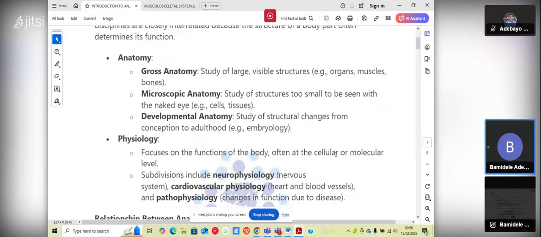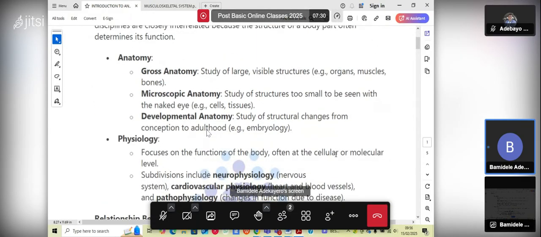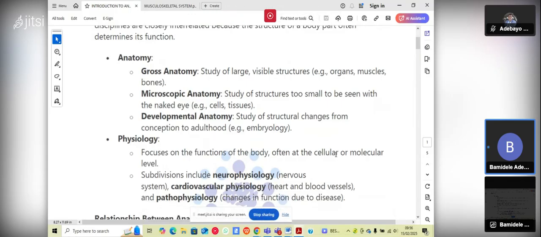Anatomy can be further subdivided into various categories, but for the sake of this study, we are looking at just three. There's gross anatomy, which is the study of large or visible structures. That is the organ that you can visibly appreciate, that you can see with your naked eyes.